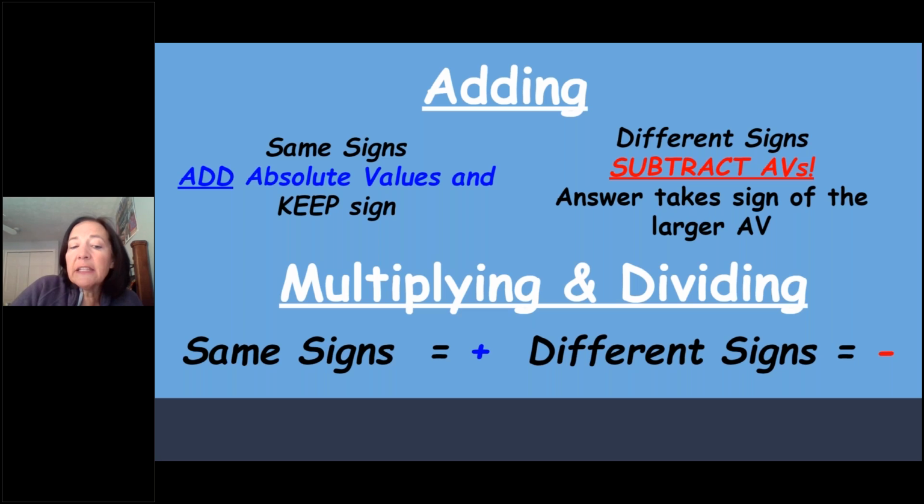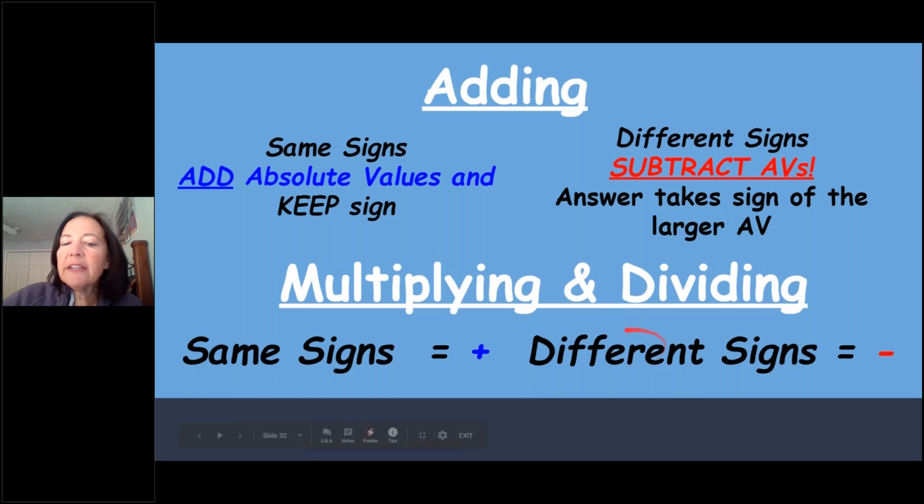If we have a negative times a negative, the answer is also going to be a positive. And that seems weird. If we're adding a negative plus a negative, the answer is negative. If we're multiplying or dividing, a negative times a negative is positive. It just takes lots of practice.